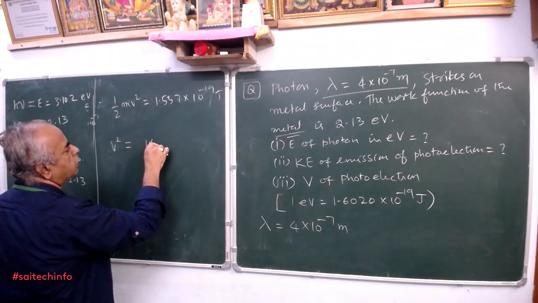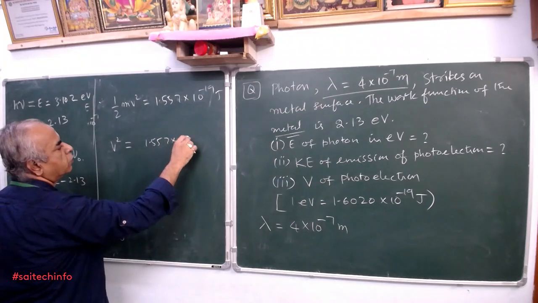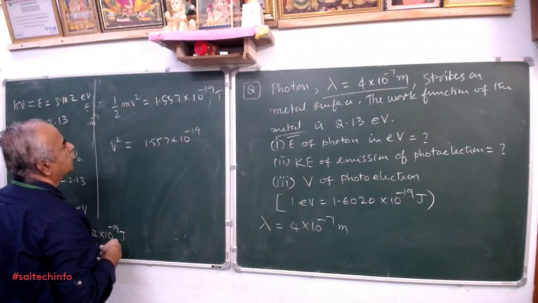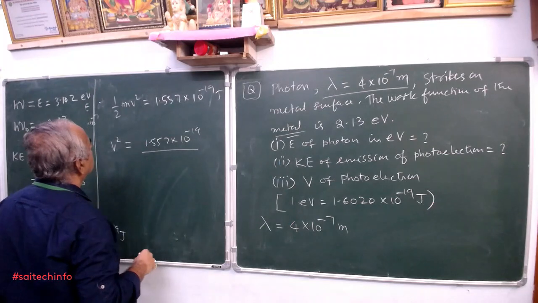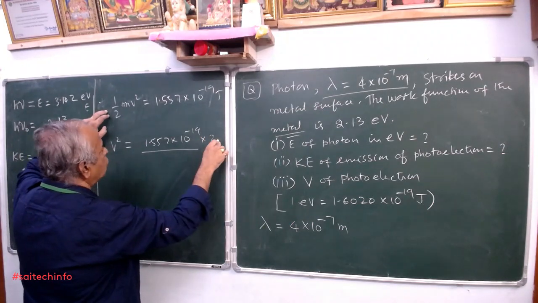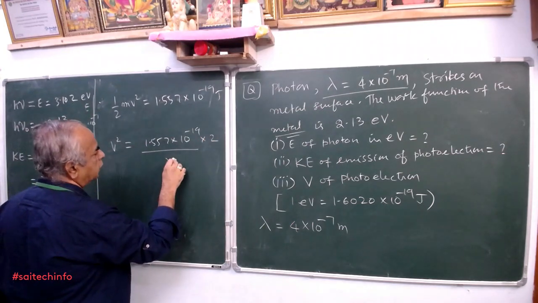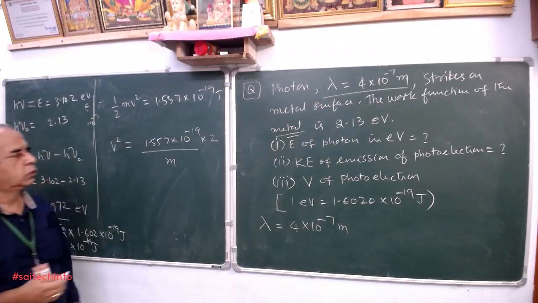So 1.557 into 10 power minus 19, divided by, and this is reciprocated into 2, and the mass of electron here. Are you following?